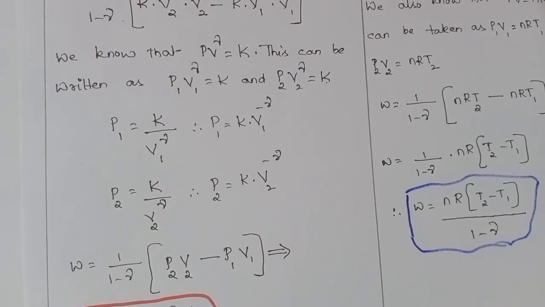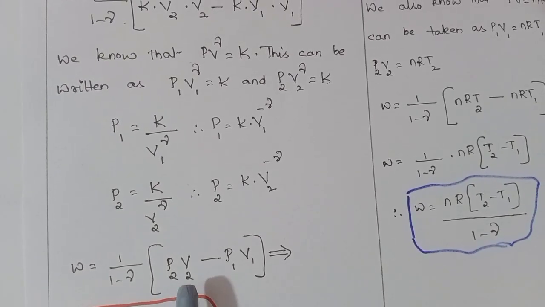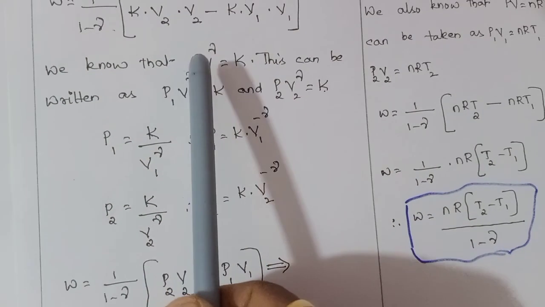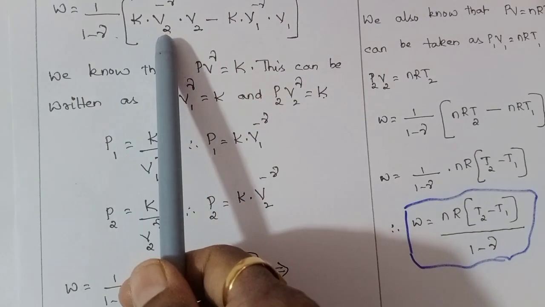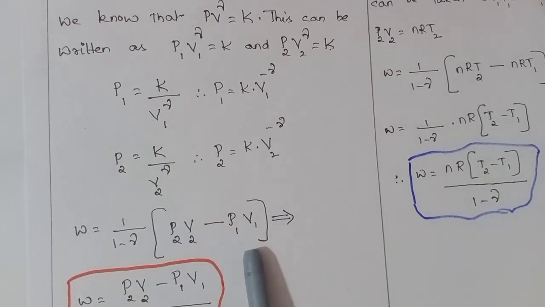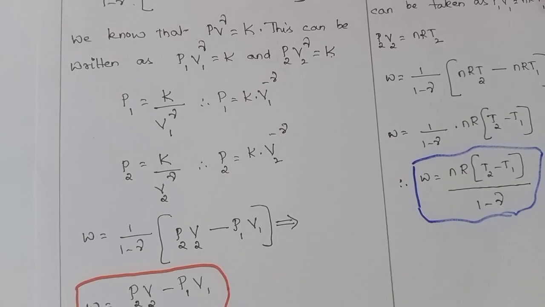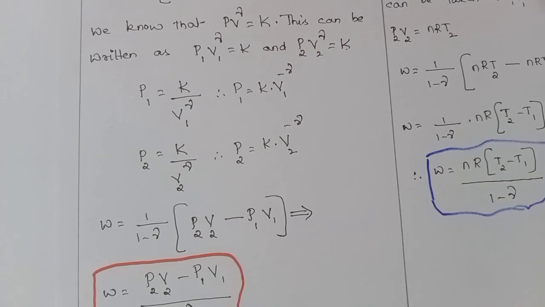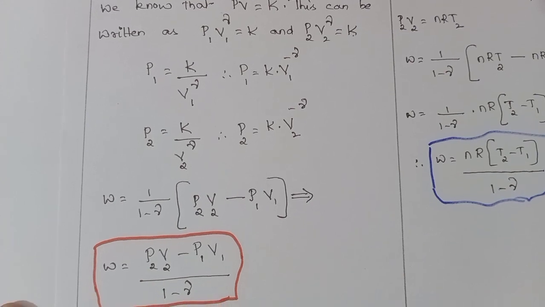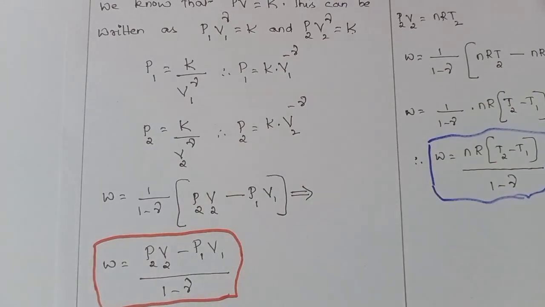Yes. W is equal to 1 by 1 minus gamma into P2 V2. Look here. This portion is P2, and V2 is there. So P2 V2 minus P1 V1. Okay. Which can also be written as, look at the next step, W is equal to P2 V2 minus P1 V1 divided by 1 minus gamma.